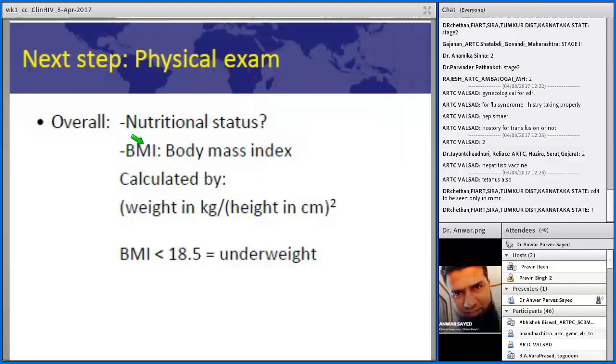In subjective, you ask patients regarding history. In objective, you examine and assess the findings. In assessment, based on the history and examination findings, you come to a list of differentials and make your diagnosis. But in HIV, in assessment, other things are also included.